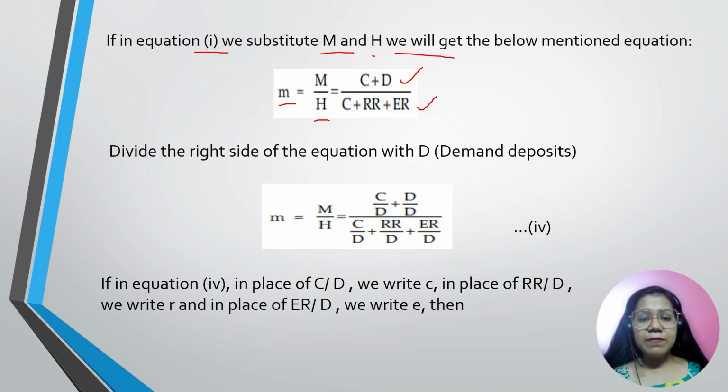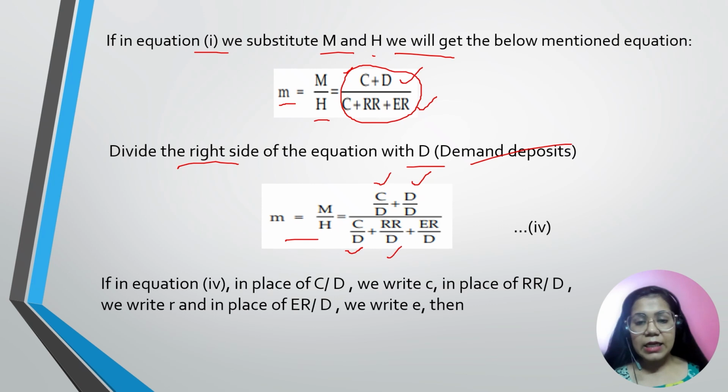Now if we divide all this right side of the equation by D, which is the demand deposits, what will we get? It will become C upon D plus D upon D, upon C upon D plus RR upon D plus ER upon D. So now what will we write this as?